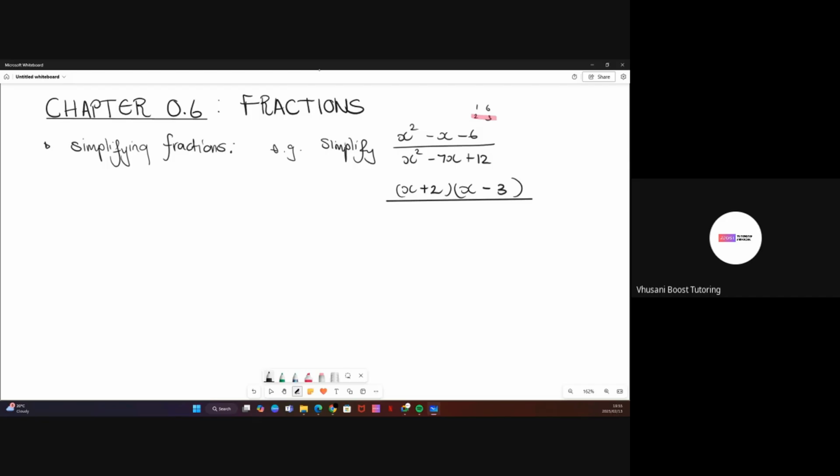This will be divided by, I'm going to do the exact same thing in the denominator. So in the denominator, I need to find multiples of 12 that give me a negative 7 when I add or subtract them. We have 1 and 12, 2 and 6 as well, then we have a 3 and a 4.